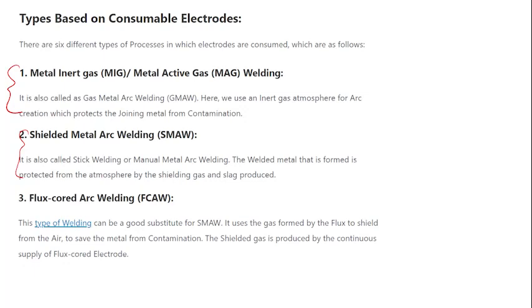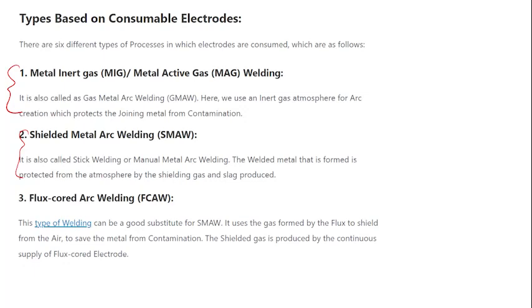Here the welded metal will be protected from the atmosphere by shielding gases and slag will be produced. In shielded metal arc welding, the electrode has a flux coating. Due to that there will be slag formation, which will help to protect it from the atmosphere.